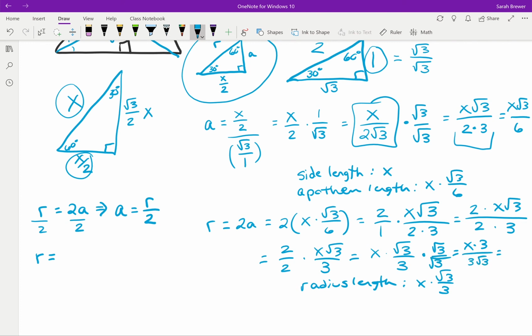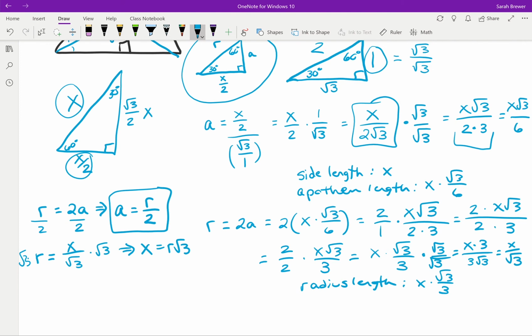I wouldn't normally show that work. I just know that it's x over root 3. So if I know that my radius is x over root 3, then I can multiply both sides by root 3. And so I can see that my edge length is equal to my radius times root 3.